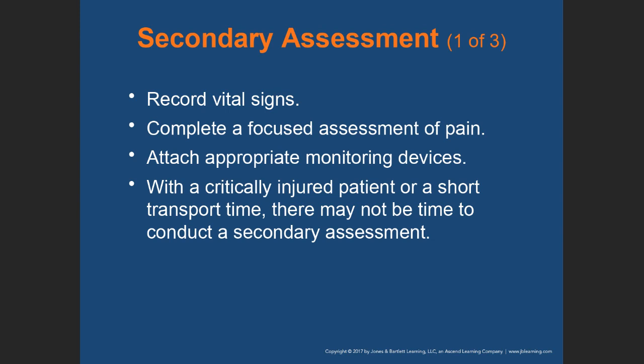With a critically injured patient or a short transport time, there may not be time to conduct a secondary assessment. Your secondary assessment can be a detailed systematic head to toe, or it can be a focused physical exam. It is necessary to pick up things that may have been overlooked if we were focused on the primary, or things that develop slowly.